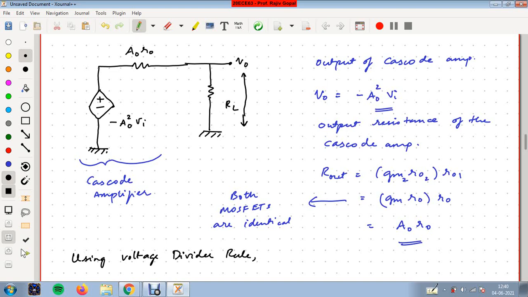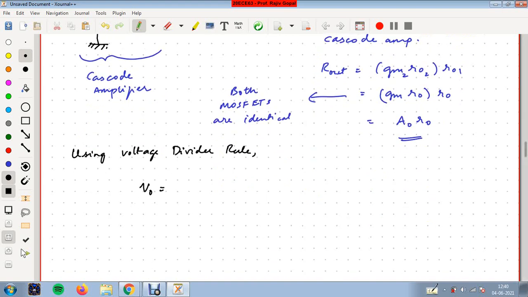So the current flowing will be minus A naught squared Vi divided by A naught R naught plus RL, right? The current flowing is minus A naught squared R naught Vi divided by A naught R naught plus RL.